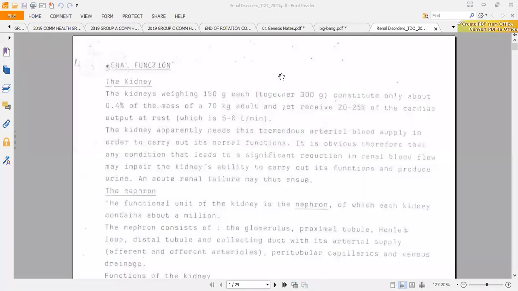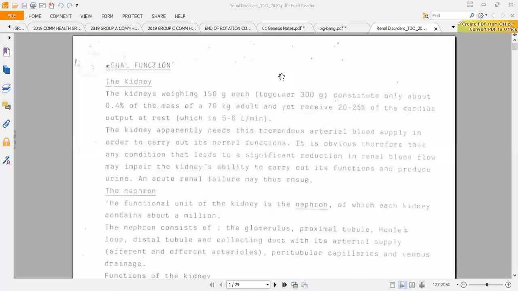So if the cardiac output is about 5 liters per minute, and let's assume that the kidneys are receiving, let's even say 20% of it, that means that the kidneys are receiving like 1 liter of blood every minute. So every minute, 1 liter of blood will pass through the kidneys.